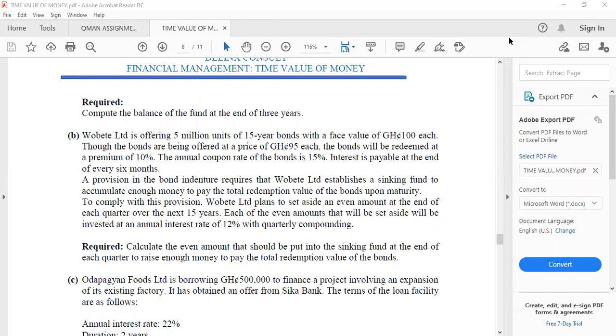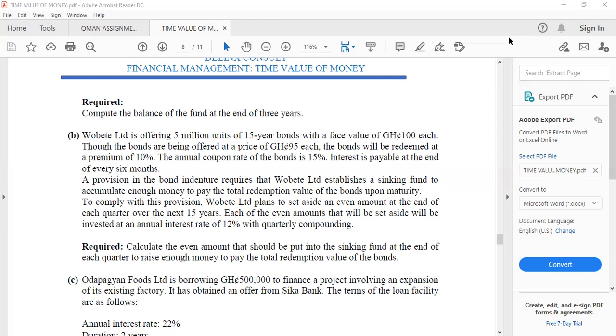Though the bonds are being offered at a price of 95 Ghana cedis each, the bond will be redeemed at a premium of 10%. So you can see that they are issuing the bond at a discount, isn't it? A discount of 5 cedis. But whenever you are issuing a bond at a discount, the bondholders, the people who are buying the bond, will still hold the bond at the actual value, which is the 5 million.